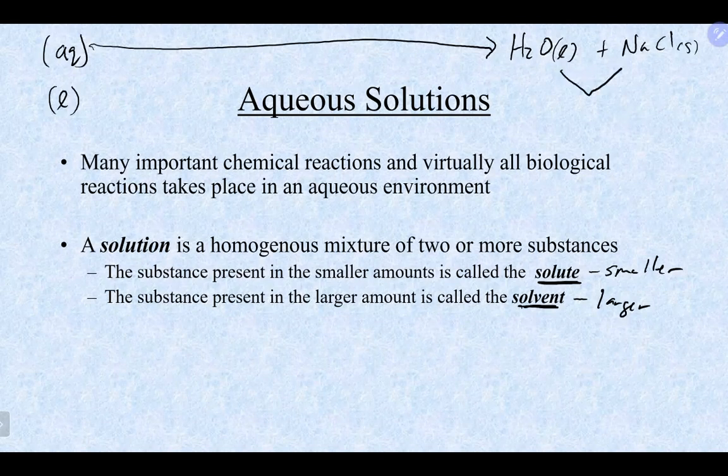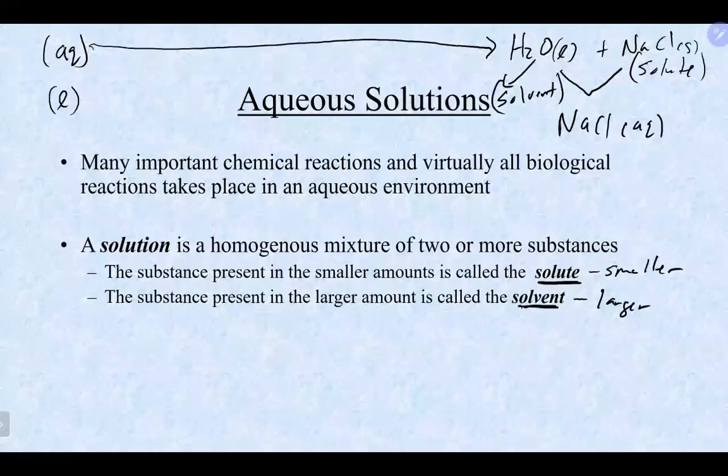The sodium chloride would dissolve in the water, and you would be left with sodium chloride solution that gets the aqueous symbol next to it. In this example, the solute is the sodium chloride, and the solvent would be water. So when you take both of those things together, you get a solution.